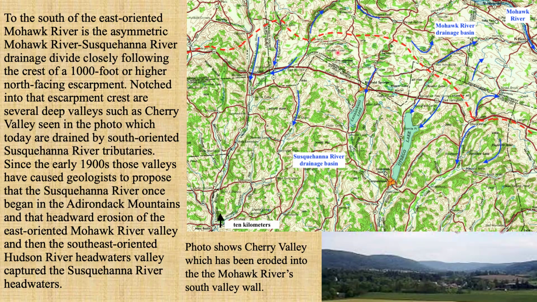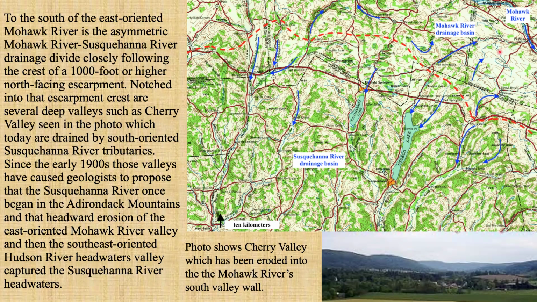But the drainage divide between the Mohawk River and the Susquehanna River is shown with the red dashed line here. And what's important, and it may not be real obvious here, is that there's a very steep slope from that drainage divide. It's sometimes referred to as an escarpment into the Mohawk River Valley, which is a significant valley, as you can see here.